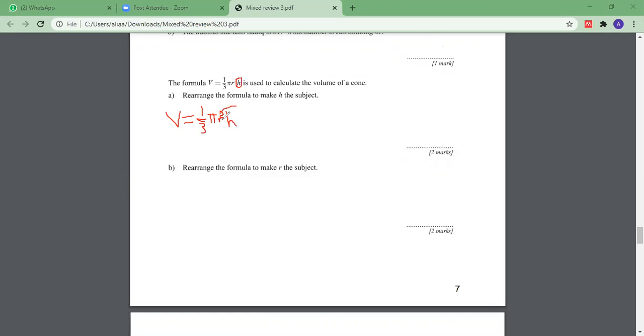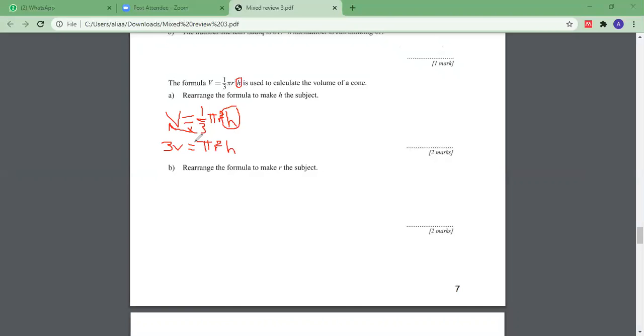So we need h, so everything else will go to the other side. First of all, 1 over 3 is going to multiply, so it will be 3V equals pi r squared h.